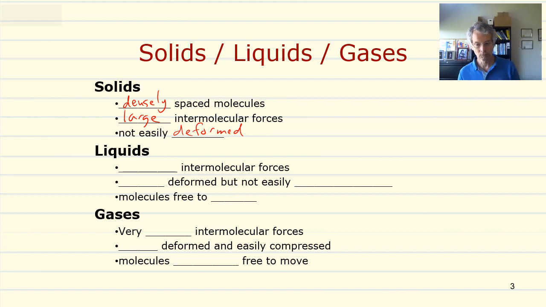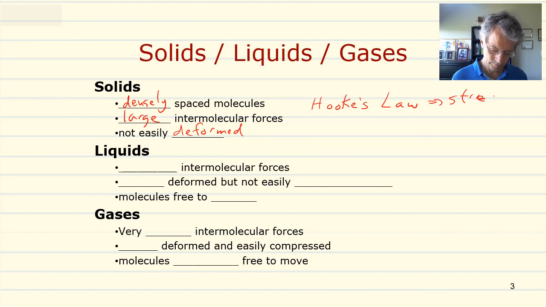And so solids have a rigid lattice structure, and if we wanted to study solid mechanics, the fundamental law is Hooke's law, and Hooke's law relates stress and strain. In fact, Hooke's law says stress and strain are proportional or linearly related.